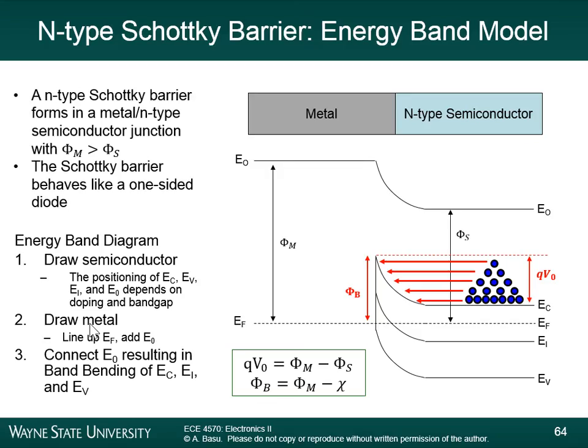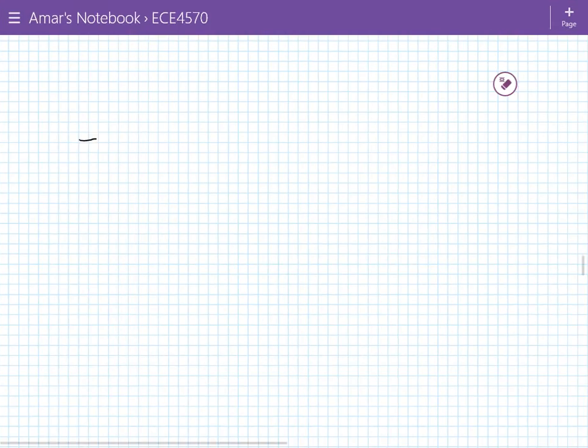Now, I drew the energy band diagram at equilibrium, okay? But before equilibrium is established, let me just redraw it here. So let's say this is E0 for the metal. Sorry, let me clean this up a little bit.